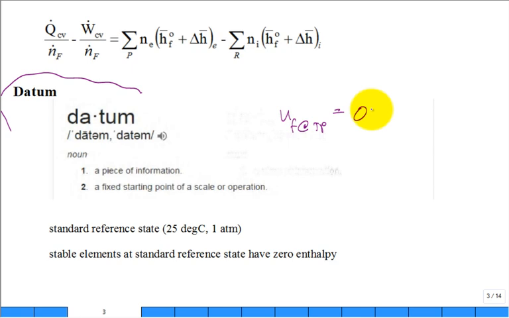And did you know that once you set the saturated liquid internal energy to be 0 at that point, you can get a negative U? It can be less than 0 for water. How can you get a negative value for the internal energy of water?